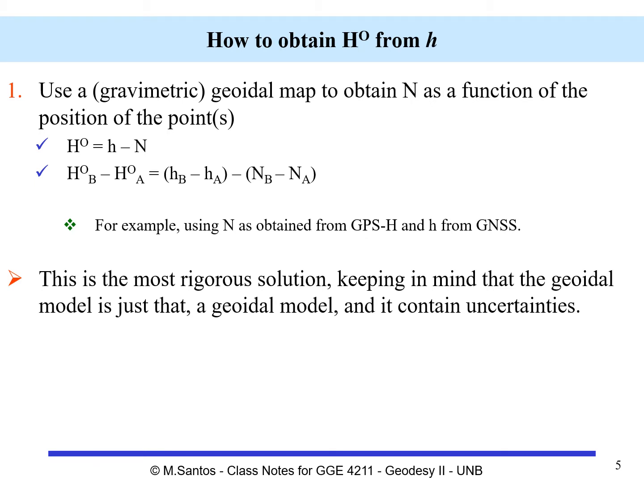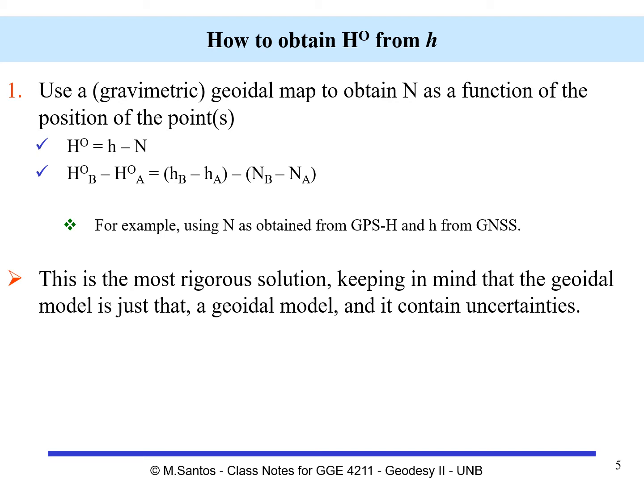So let's talk about number 1. Number 1 is essentially the direct application of the general expression: the orthometric height equals the difference between the geodetic height and the geoidal height. Or if we think in differential terms, we are talking about the difference between heights between 2 points.